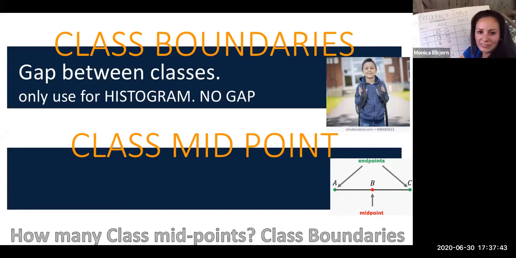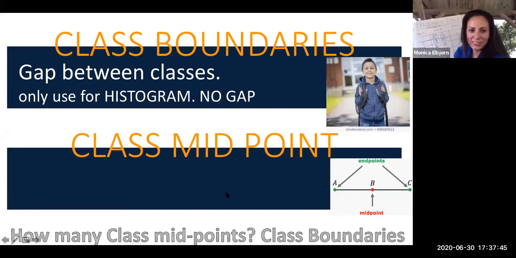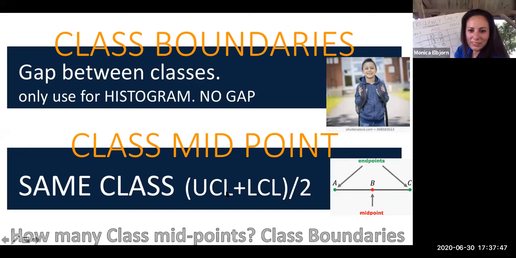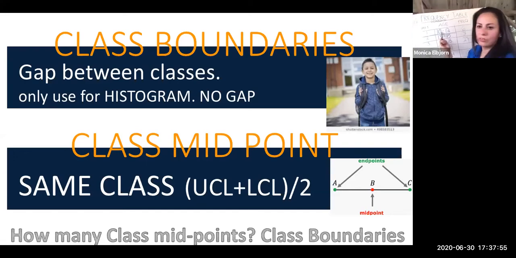That's correct. So that will be the upper class limit plus the lower class limit divided by 2 within the same class. So how did he get 11? 10 plus 12 is 22, divided by 2, that's 11.